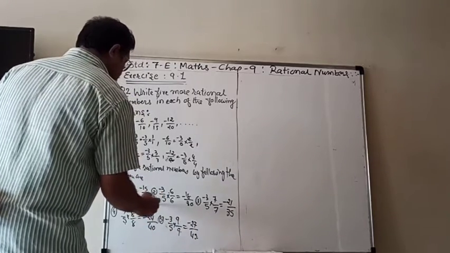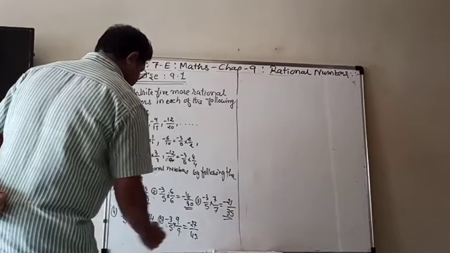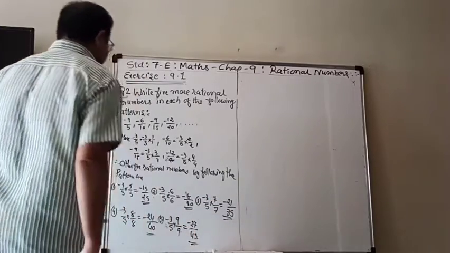So those are the 5 more rational numbers following the same pattern.